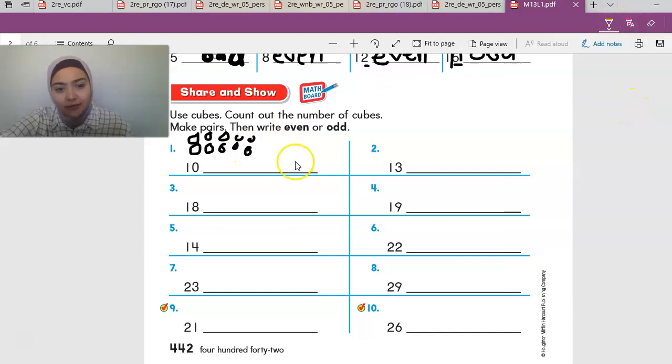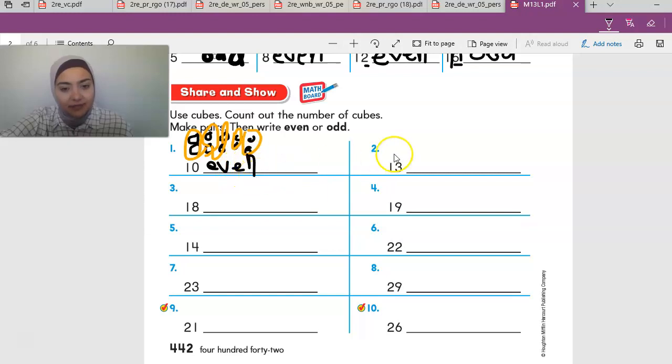Now this is optional. If you don't want to draw this and you can kind of tell if it's even or odd without drawing, then you don't have to. But if you need to draw it, and some people do, and that's okay. Some people need to see it. And if you do need to draw it, then draw it. See, I drew the 10 cubes and then I circled each pair. And here I can easily see that this number is even because I do not have any cubes left over.